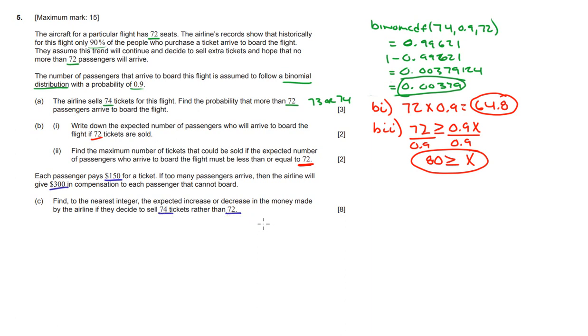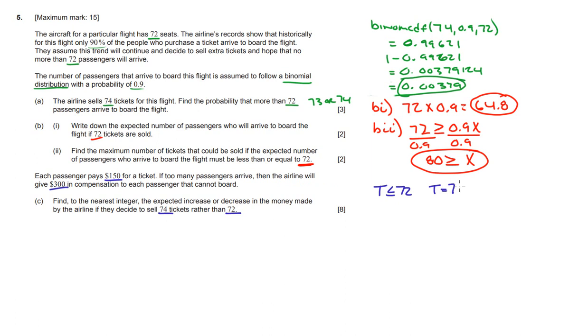Okay, so now here's where we're going to do some calculations. We can make a little table here. So we've got tickets less than or equal to 72. This is going to be the probability of all these, 0 up to 72. And if 72 or less show up, no money will have to be given back.